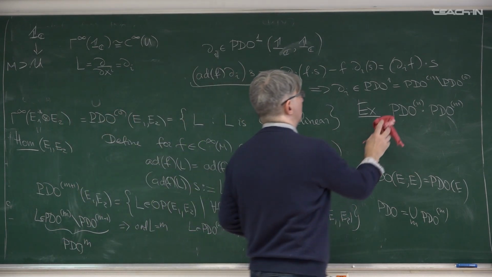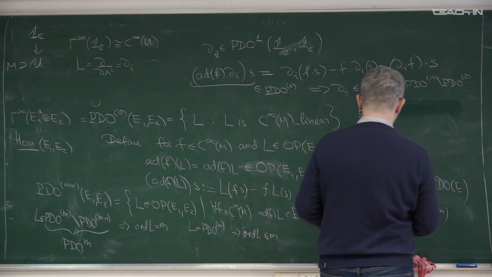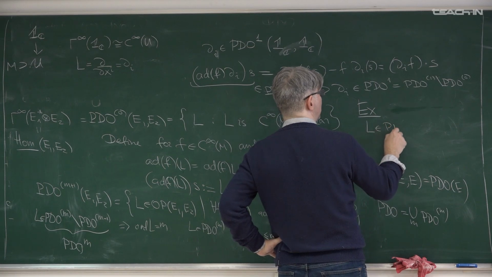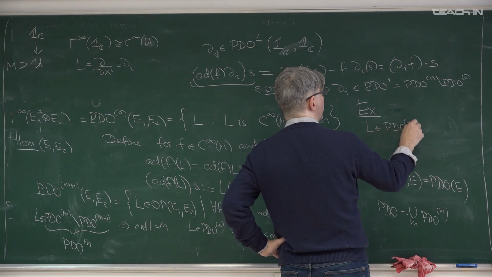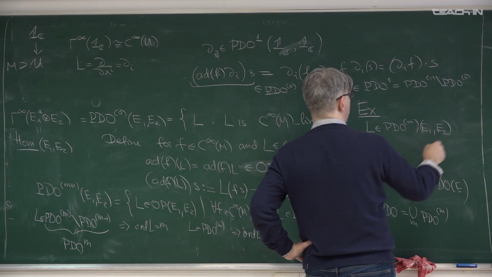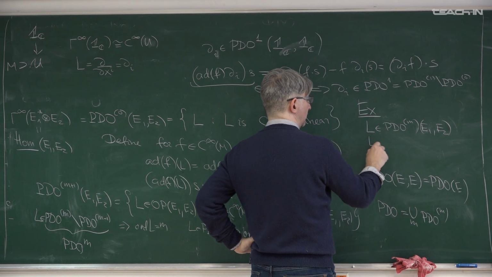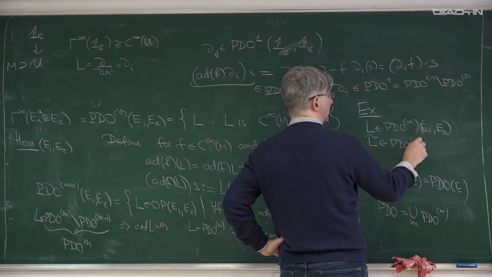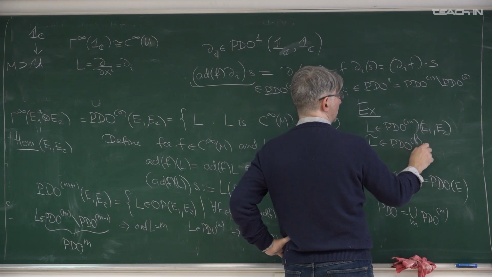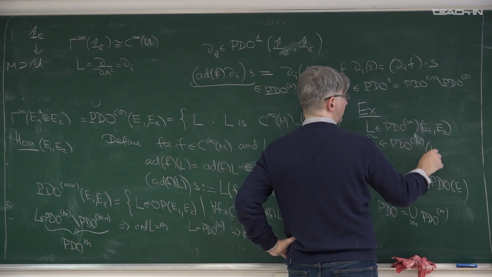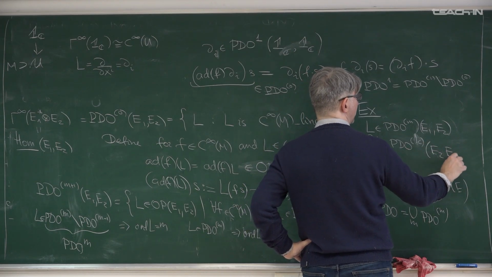We have an operator L, which belongs to PDO of order m, going from E1 to E2, and an operator L tilde, which belongs to PDO of order k, from E2 to E3.